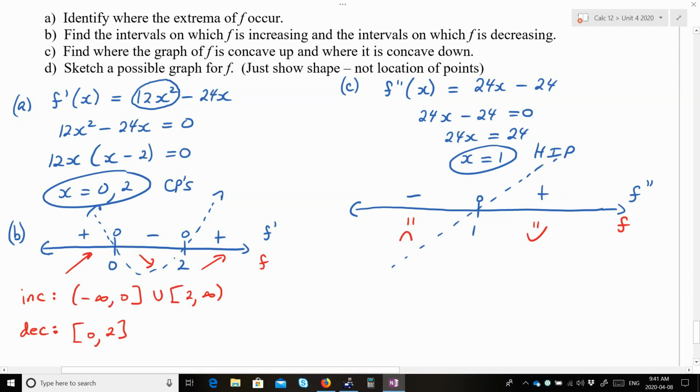So find where the graph of f is concave up and where it is concave down. So we just found concave down in the first interval. That is from negative infinity to 1. And for some reason with concavity, they just use open brackets, whereas with increasing, decreasing, the endpoints, we have square brackets.